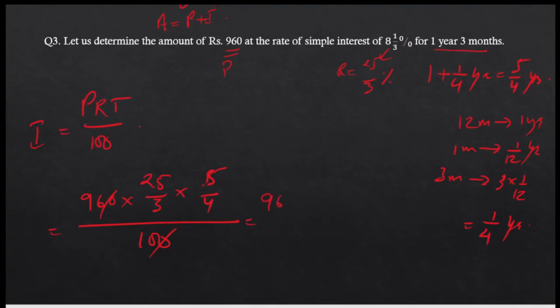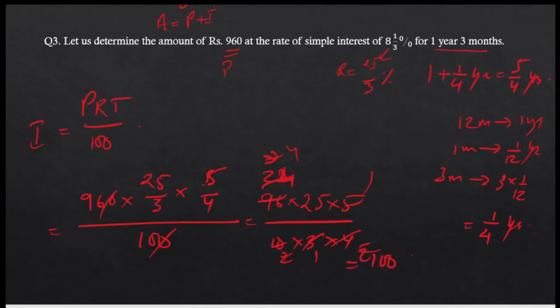This becomes 96 into 25 into 5 over 10 into 3 into 4. Simplifying, 96 divided by 3 is 32, and 32 by 4 is 8, and 8 by 2 gives 4, and this becomes 4 times 25 is 100 rupees. 100 rupees is my interest.